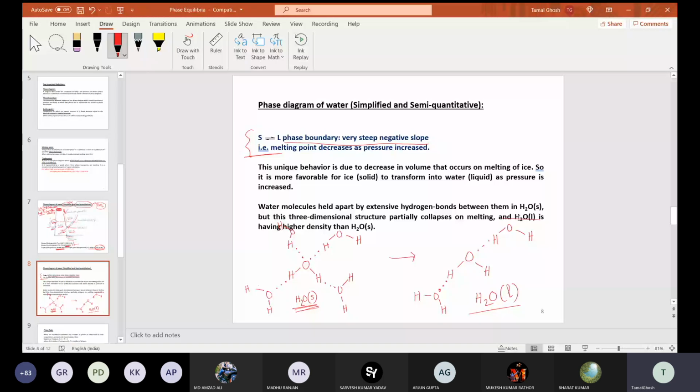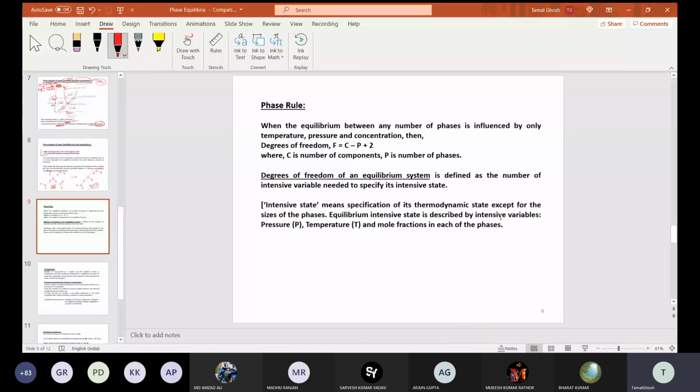So in the phase rule, the number of phases is influenced by temperature, pressure and concentration. Then degrees of freedom is equal to C minus P plus 2. C is the number of components and P is the number of phases. And F is the degrees of freedom for that system. Now these degrees of freedom are different from the degrees of freedom you have learned in physics.